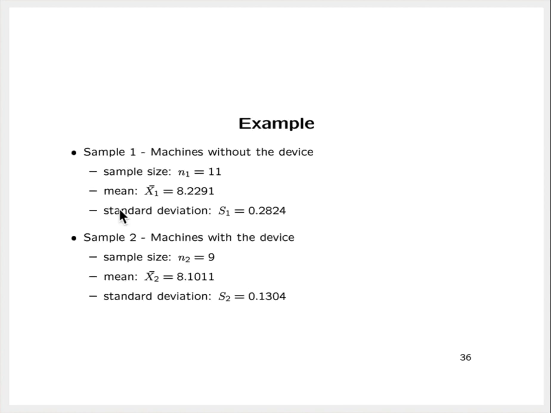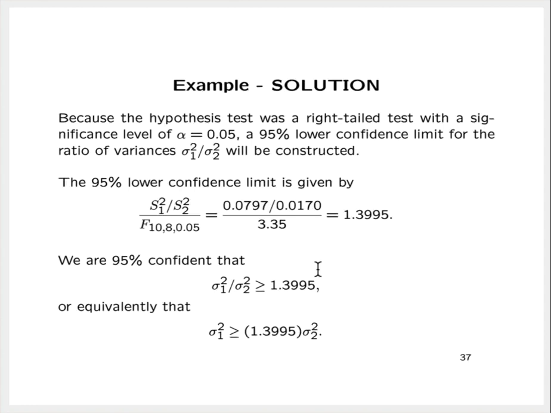Going back and looking at the summary statistics for the two samples, the size of sample 1 is 11, and so we've got 10 degrees of freedom associated with that sample. And the size of sample 2 is 9, so we would have 9 minus 1, or 8 degrees of freedom associated with that sample. Because sample 1 variance is in the numerator and sample 2 variance is in the denominator, we've got 10 numerator degrees of freedom and 8 denominator degrees of freedom.